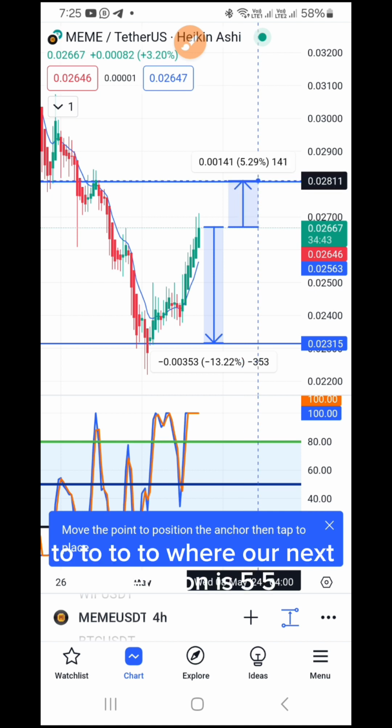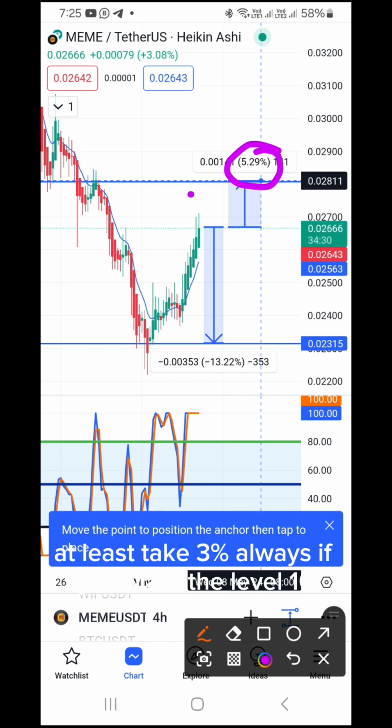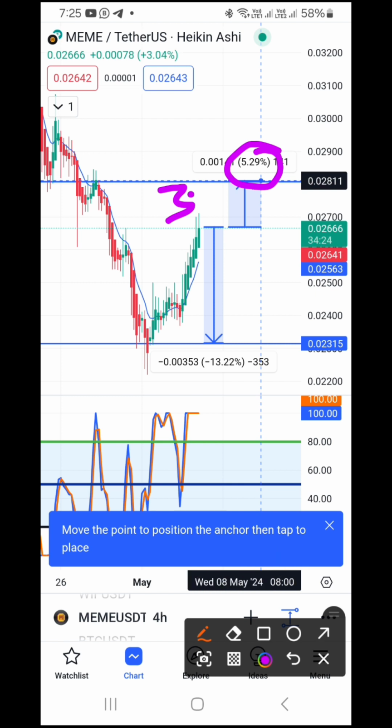So to where our next resistance is, the take profit is 5%. So don't take all the 5%. You go for small, at least take 3%. Always, if you mark the resistance level, don't take the profit which is right there. Go for 3% or 4%.